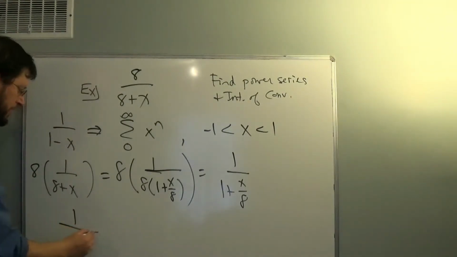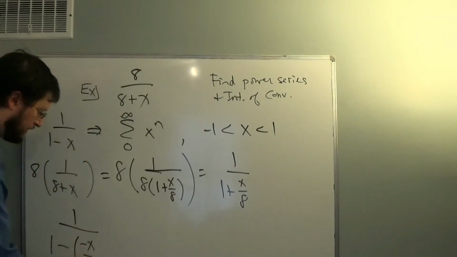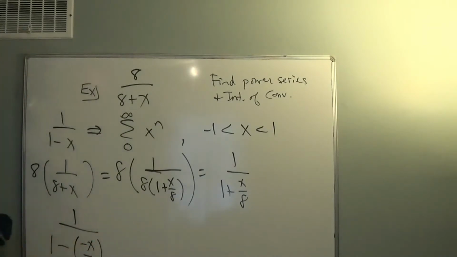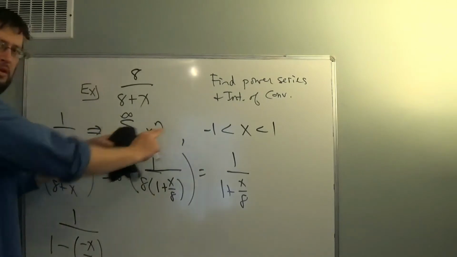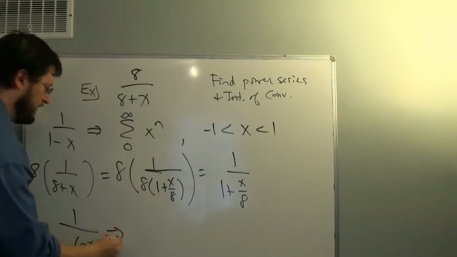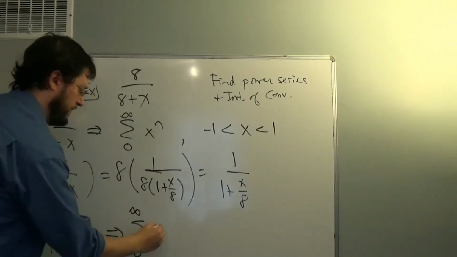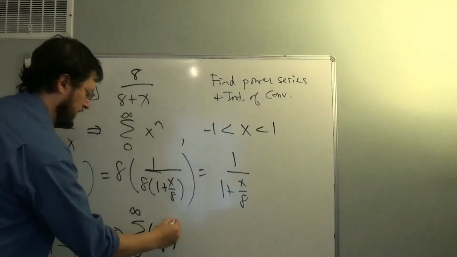One last step, I'm going to write that as 1 over 1 minus something, and that's negative x over 8. So I put the minus and the minus together, and at that point, I can use this formula here. x is x, so now we have negative x over 8 instead, and it becomes the sum from 0 to infinity of negative x over 8 to the n.